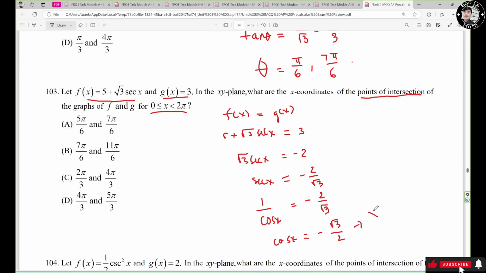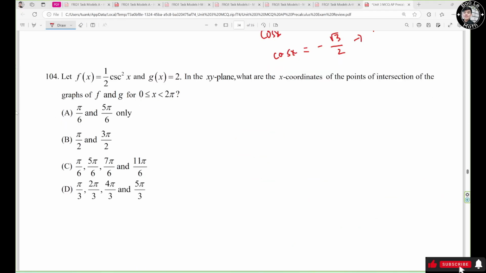So s equals 5 pi over 6 and 7 pi over 6. So the answer must be A.